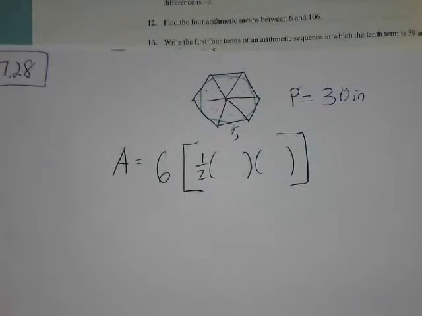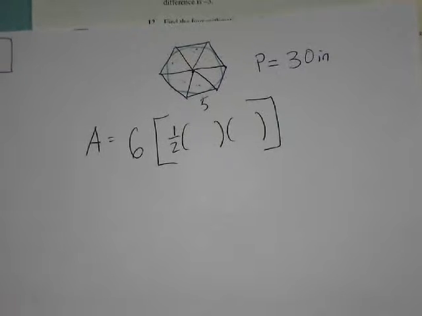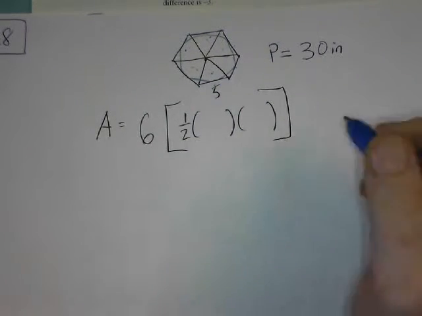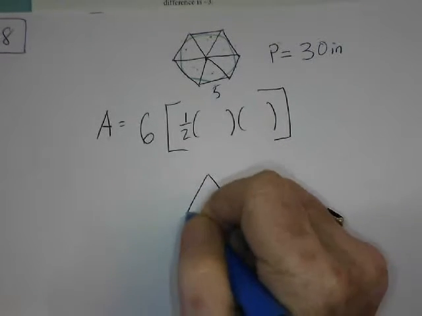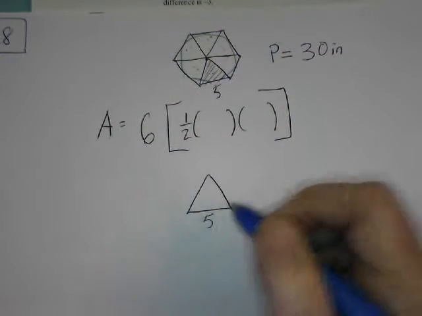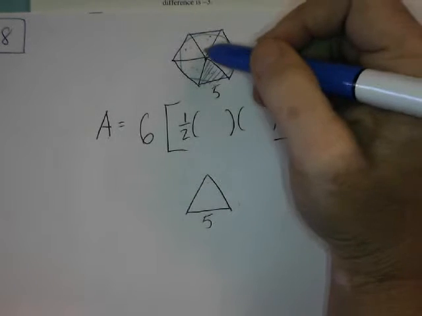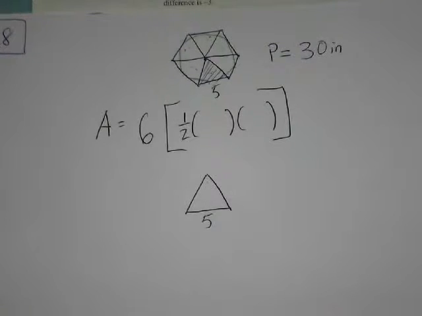So the area of my polygon is going to be 6 times the area of one of the little triangles. I'm going to grab this triangle and bring it right here. That's a 5.